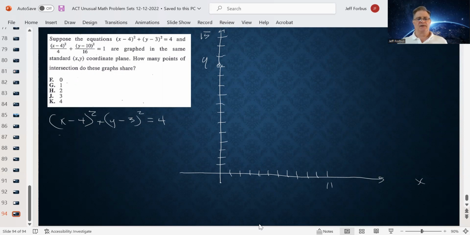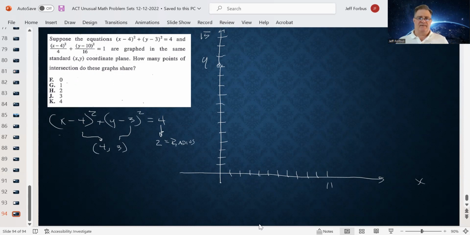So 4 is the radius squared. Therefore, my radius is 2. The center of the circle is (4, 3).